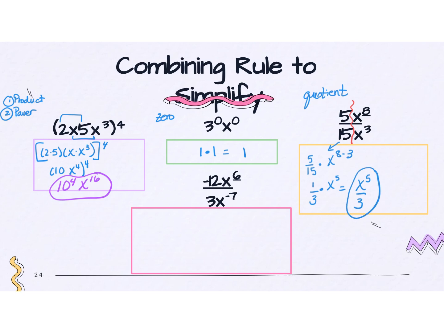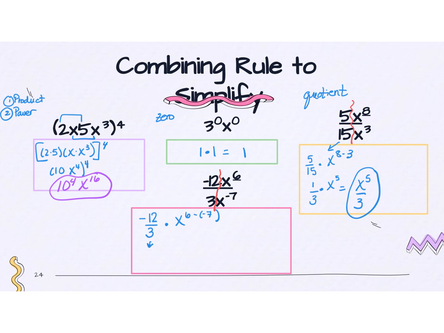All right, let's do our last problem. Again, I'm going to put my little divider in here. So I'm going to have negative 12 over 3, keep track of your negatives, times x to the power of 6 minus a negative 7. All right, let's take care of this one first.